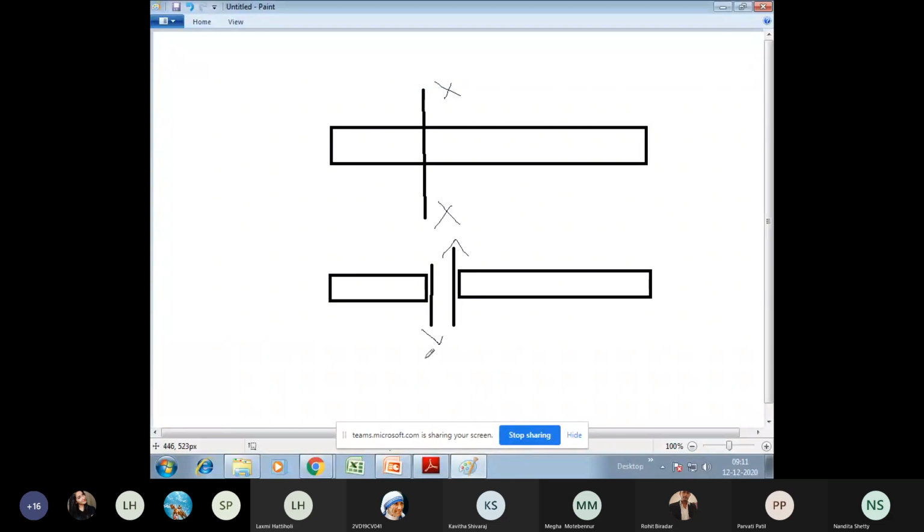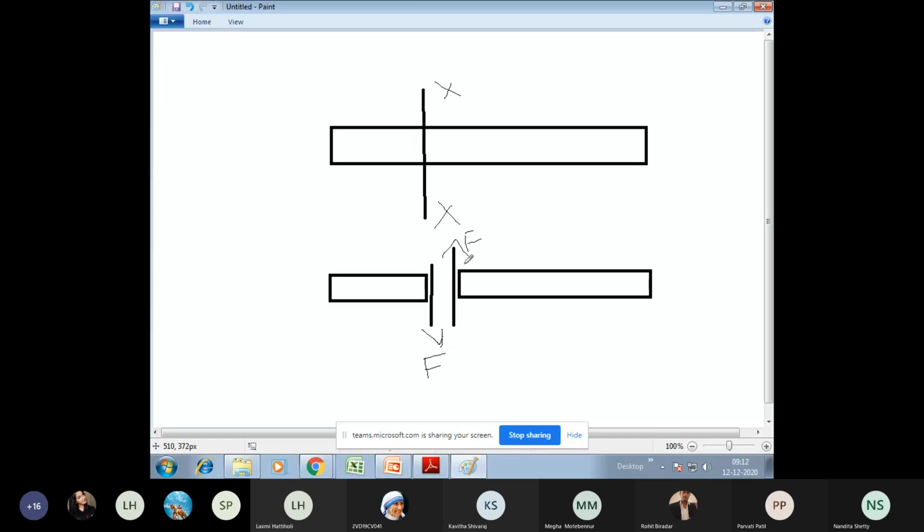This is F and this is F. This is basically the shear force. From this, I can say that this shear force is basically the cutting force. What is the effect of this? It will slide your beam. There is a sliding effect in your beam, so that's why this is called a cutting force.